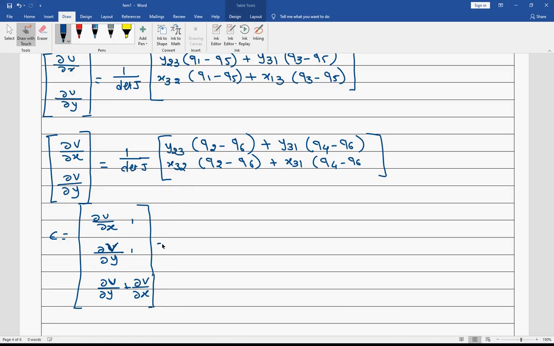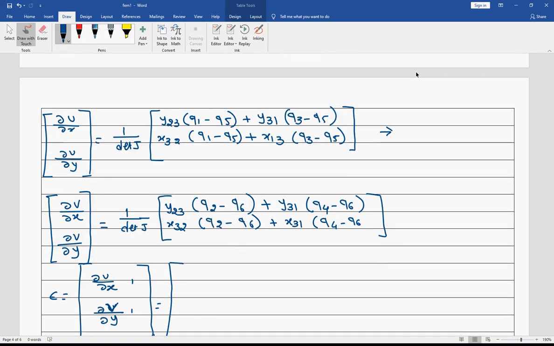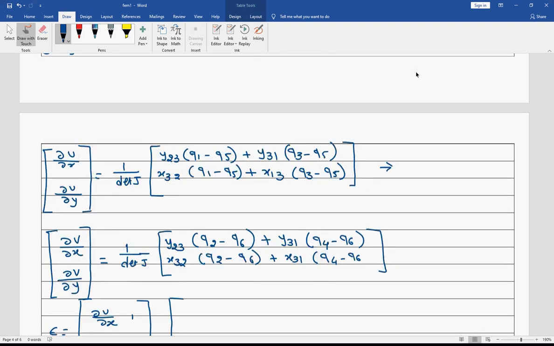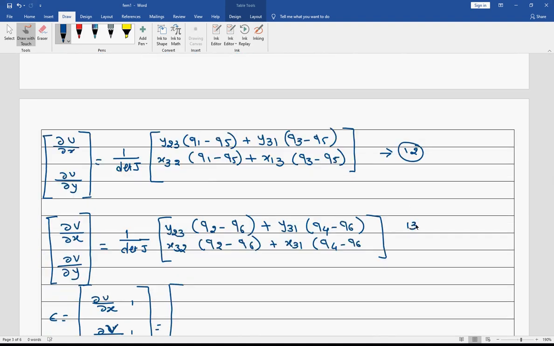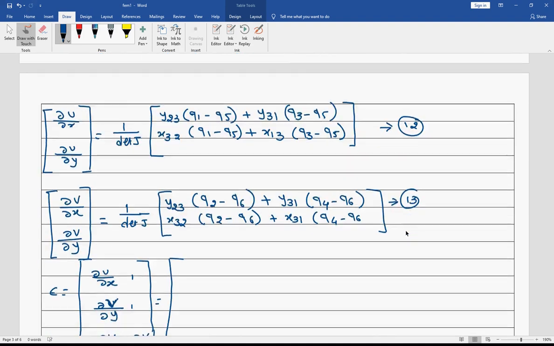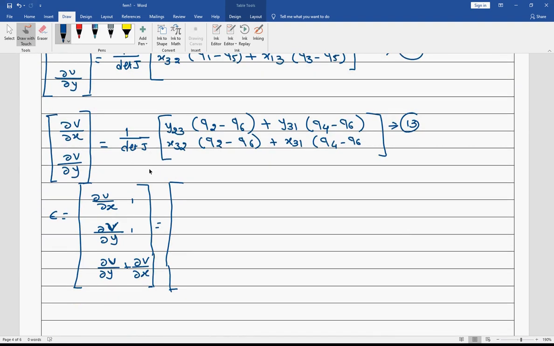So from this I can quickly write using above two equations. So this is equation number maybe what I got previously, 11. Okay, so I can call this as equation number 12 and equation 13. So from 12 and 13, I can write this.